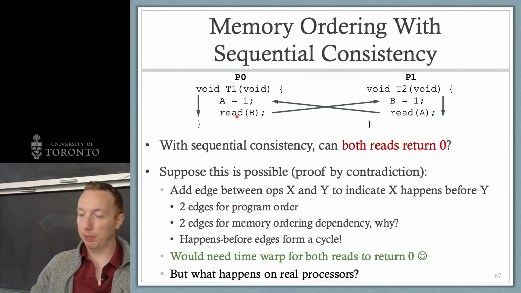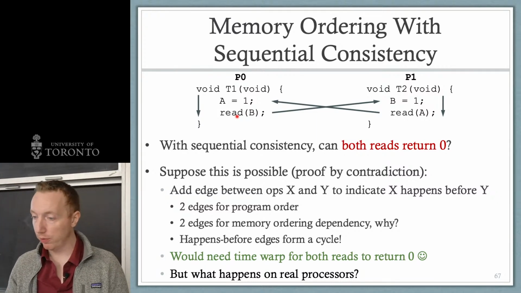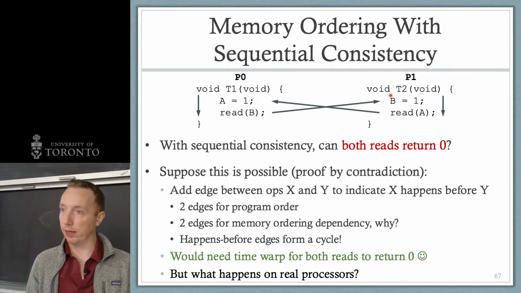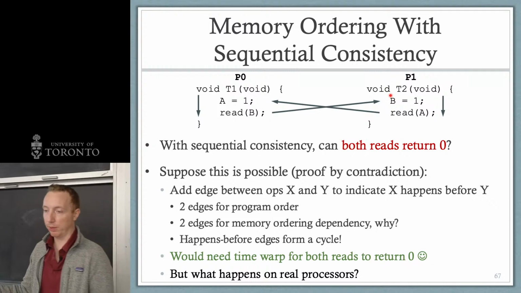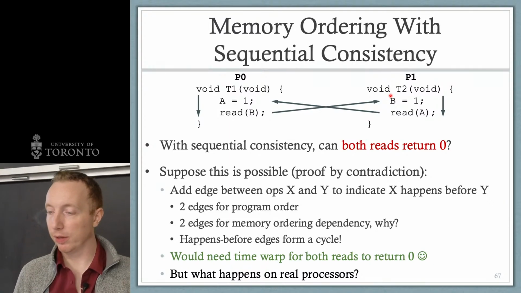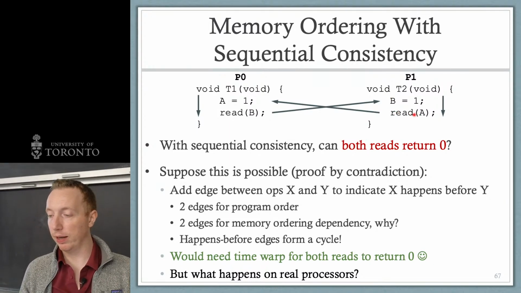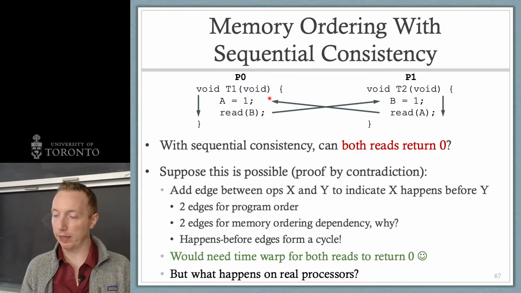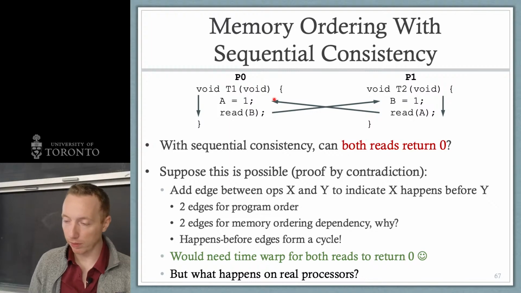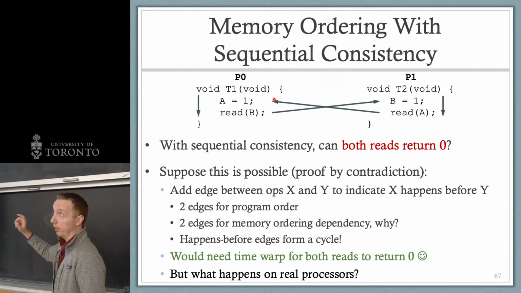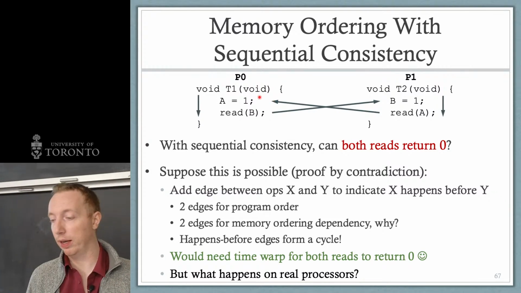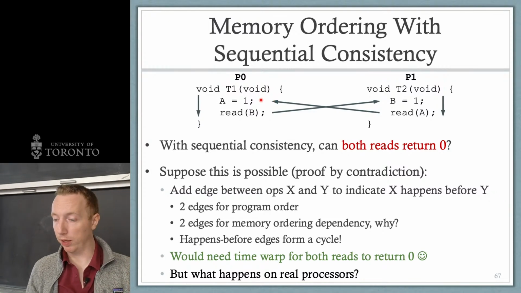In P0, if we read a 0 from B, that would mean we had to have read before it updated B, if everything was sequentially consistent. Similarly, if we read a 0 from A, we would have to read it before it updated A to 1. So the reads would have had to happen in each thread before the writes.